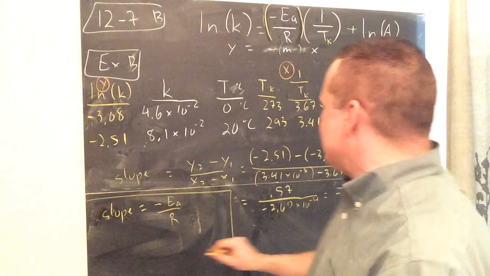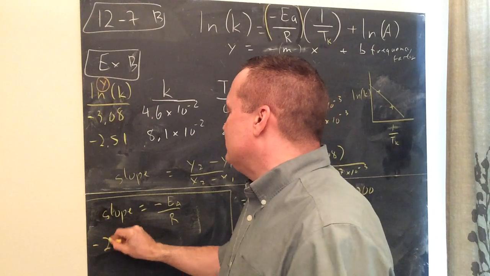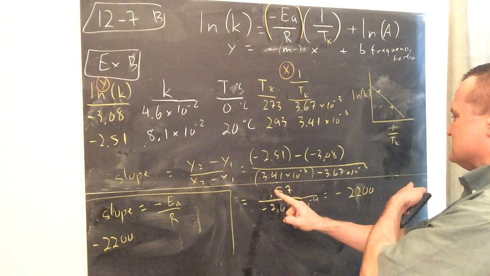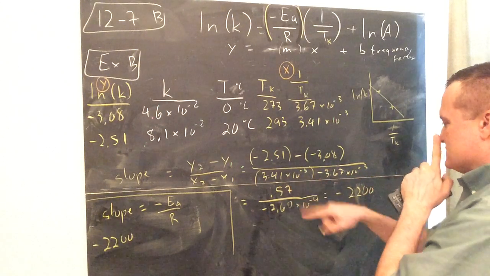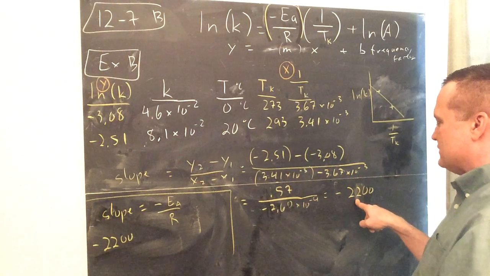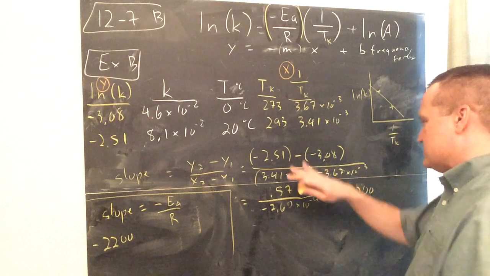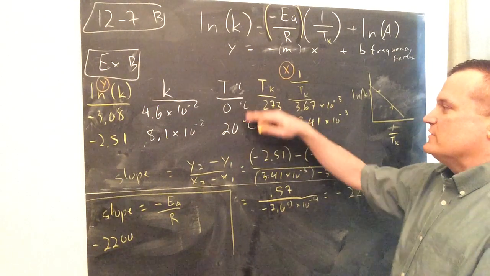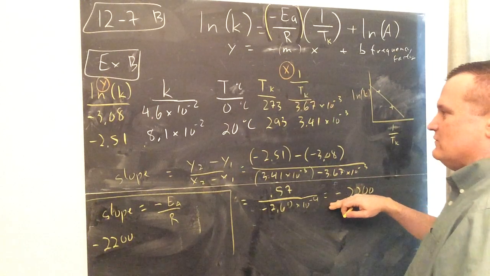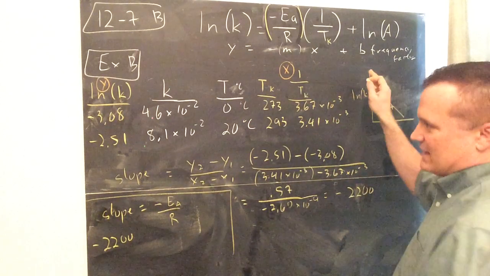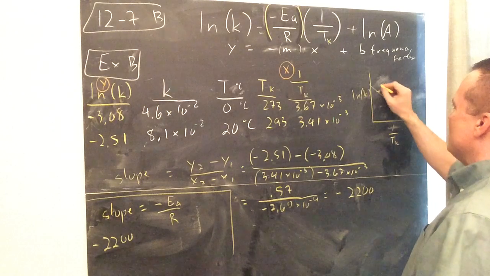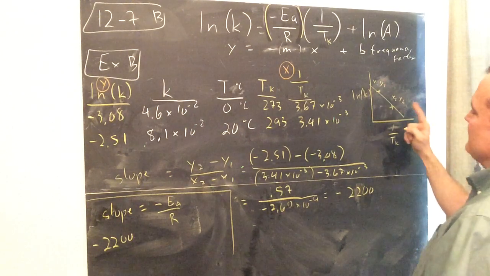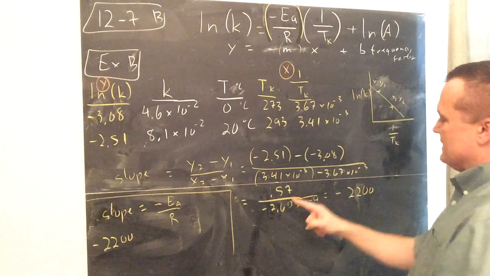If you subtracted these two numbers backwards, like a careless error, you'd get positive 2200. It doesn't matter, you just did something wrong with the math. Your slope should come out to be negative if you do y2 minus y1 over x2 minus x1, assuming this is x1, y1, x2, y2, taking the later one. It should always be a negative slope.